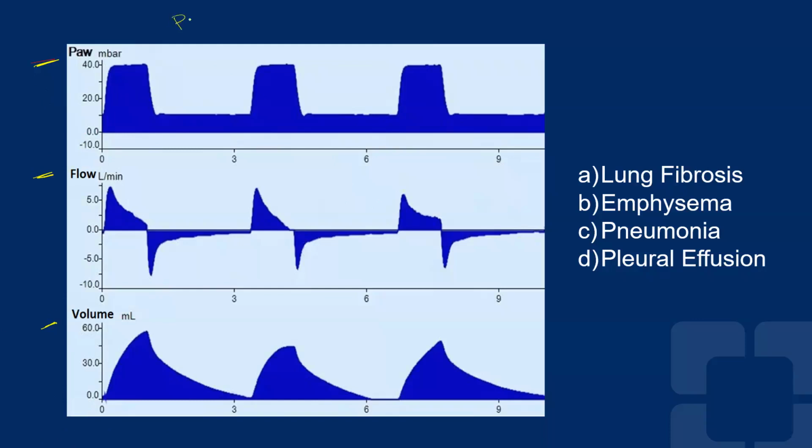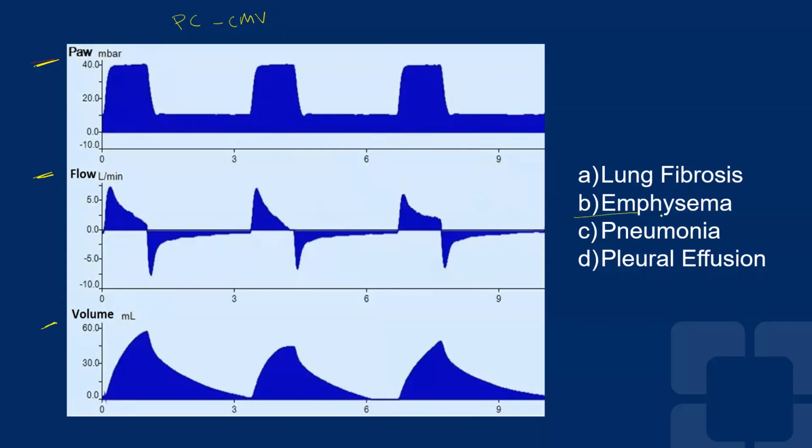The important thing to know is that if you have an increased resistance, which is a bad thing to have, then the time constant, if you imagine multiplying this, is going to become longer, which means that it's going to take longer to get to baseline. And on the opposite, if you see the compliance getting smaller, then the time constant is going to become shorter and you'll get there sooner. So for the conditions that have lung fibrosis, in which the compliance is low, the time constant is going to be low.